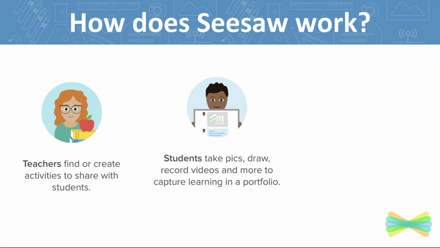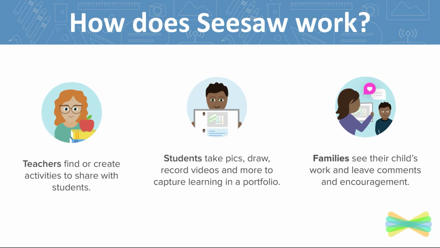The built-in tools allow students to take photos, draw, record videos, and integrate other apps which can be uploaded to their online digital portfolio of learning. When the student adds to the activity, the teacher is notified and so can begin the process of viewing and commenting on students' work.